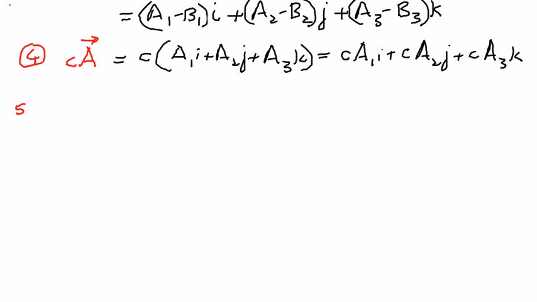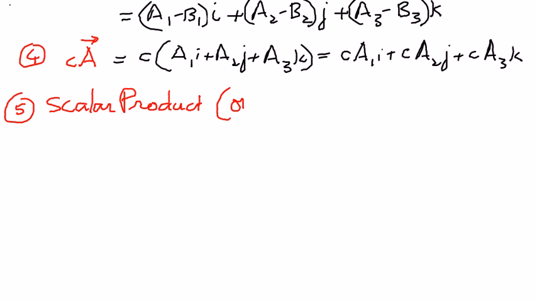Let us also see some more properties. In this next property, we're going to see how we can do a scalar product or dot product. Let me write that. Scalar product, or sometimes this is also called the dot product.